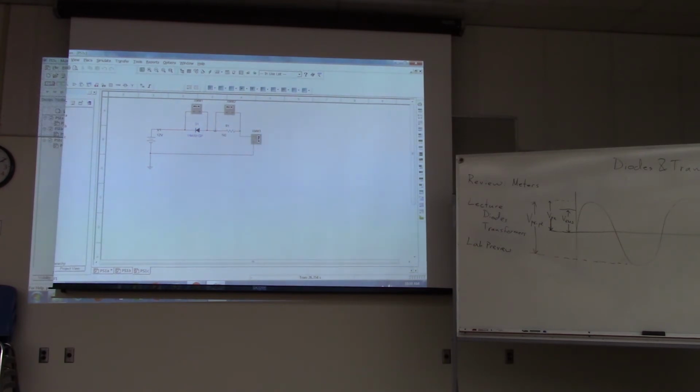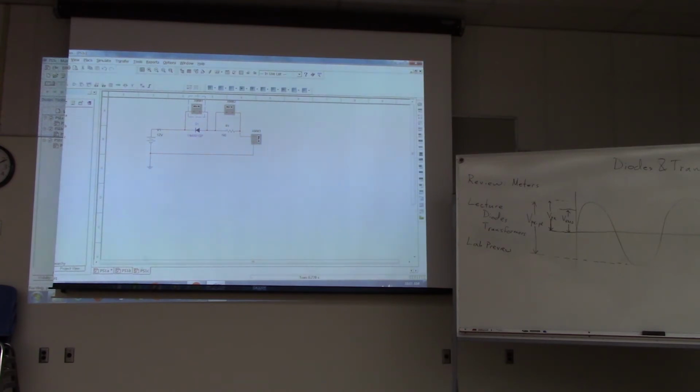Therefore, the left-hand side must also be at 0 volts. So the right-hand side of the diode is at 0 volts, and we know the left-hand side of it is at 12 volts, right? It's connected straight to the 12 volt supply. So all of the voltage of the circuit is across this reverse bias diode. Okay. So if we run it, we should see that. So there you go.